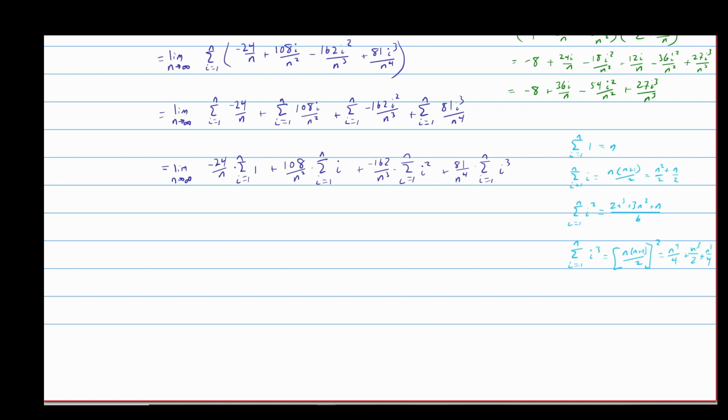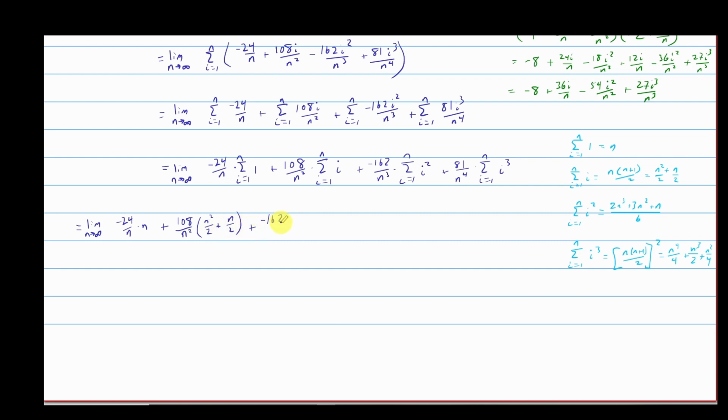All right, so let's bring these in. So I have a negative 24 over n, and I'm multiplying that one by just n. For the next term, I have 108 over n squared, and I'm multiplying that by n squared over 2 plus n over 2.